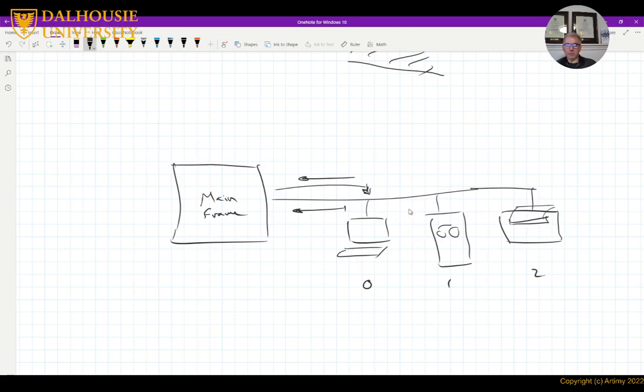They talk only to the mainframe. So when the mainframe wants to talk to the terminal or any other peripheral, it will need to send the address as a destination address so that the printer knows that the packet is coming not for it but for the terminal or for the tape.